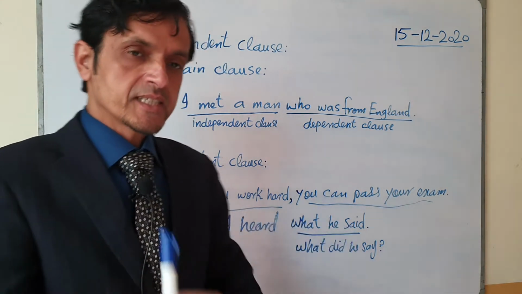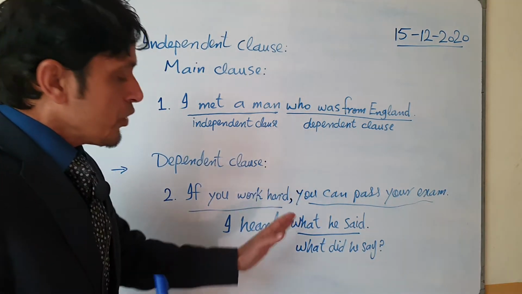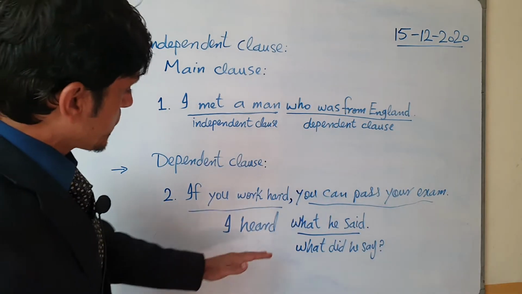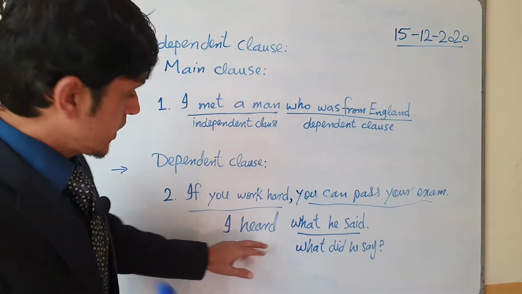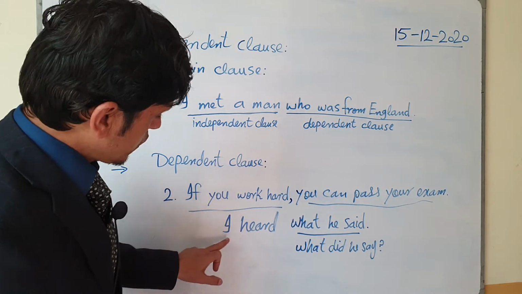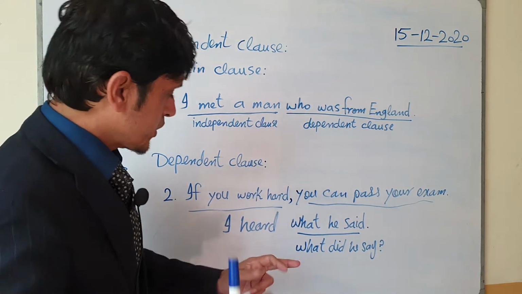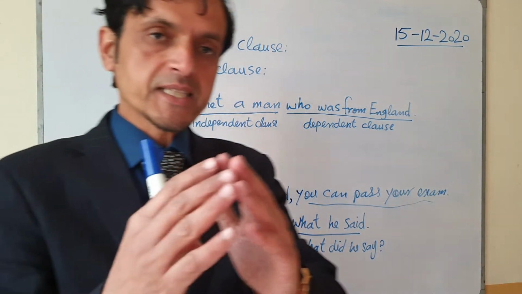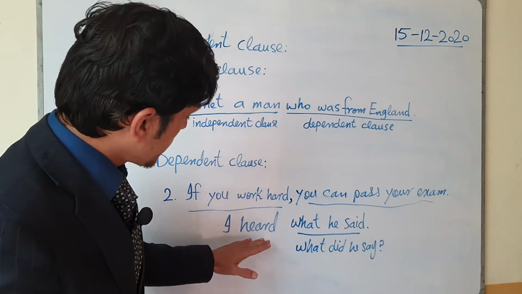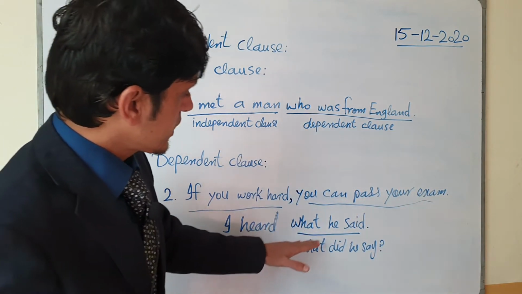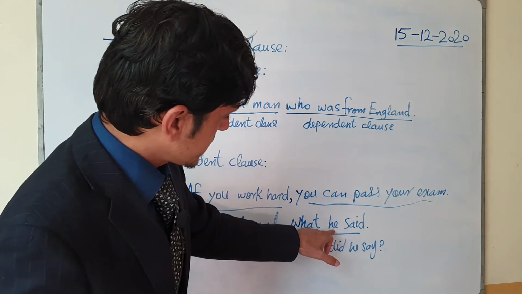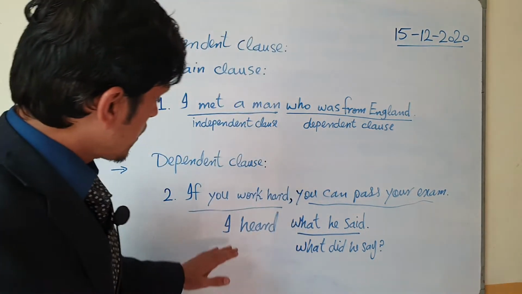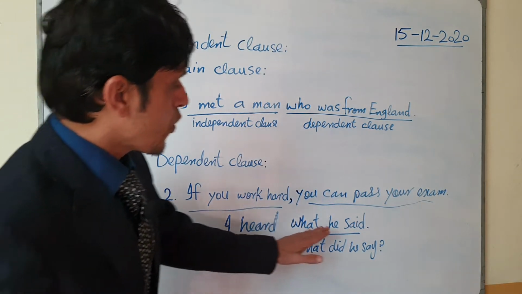So what he said is a dependent clause, and to make it meaningful we put an independent clause: I heard. Now this is a subject and this is a verb, a two-word sentence, but it is an independent clause because the meaning is completely clear. Put together with the dependent clause, the meaning becomes clear.